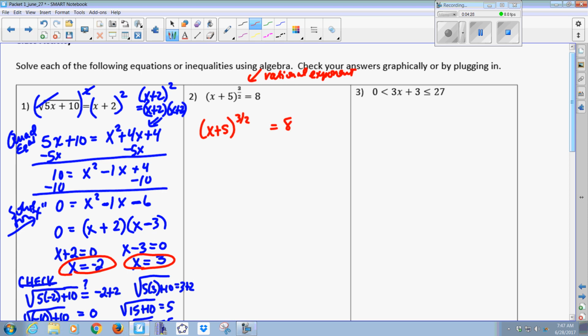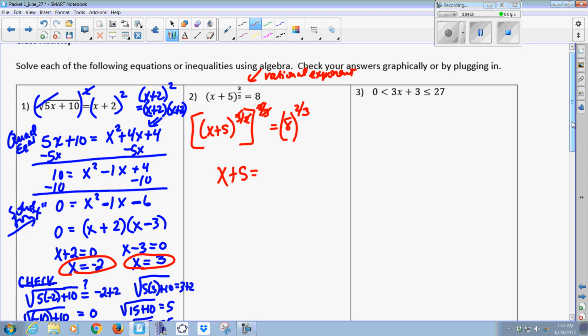So again, we use that handy dandy number called the reciprocal, and we raise this to the 2/3. Whatever we do to one side, we must do to the other. This gives us 1 when we multiply a number 3/2 times its reciprocal. So the left side is x plus 5.